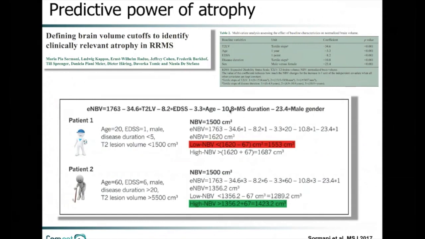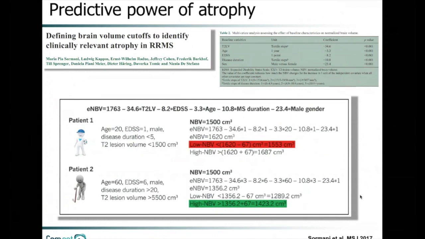In this case, these two patients have exactly the same measure of brain volume, 1,500 cubic centimeters of normalized brain volume, but given the clinical parameters, patient 1 has a low expected normalized brain volume, whereas patient 2 has a high expected brain volume.